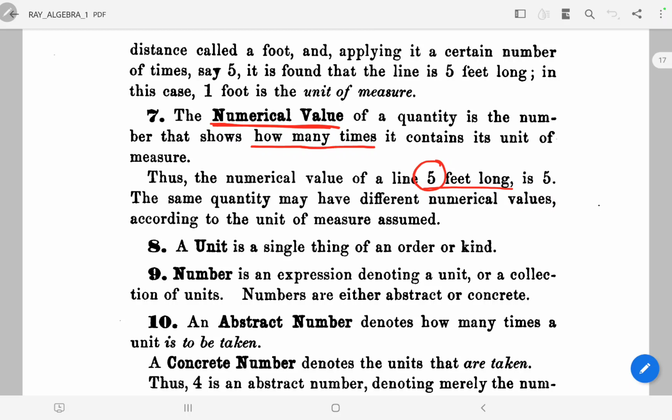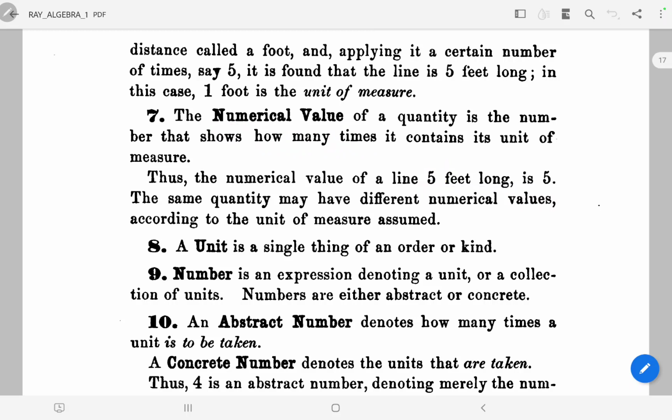And the numerical value of the quantity would be 60. So the same quantity can have a number of different numerical values if the unit of measure changes.